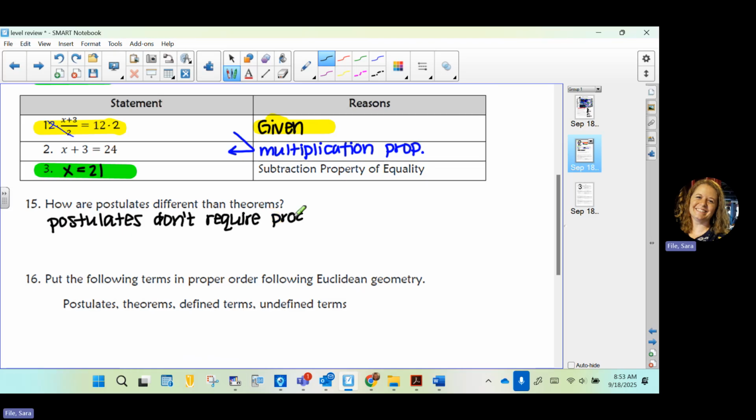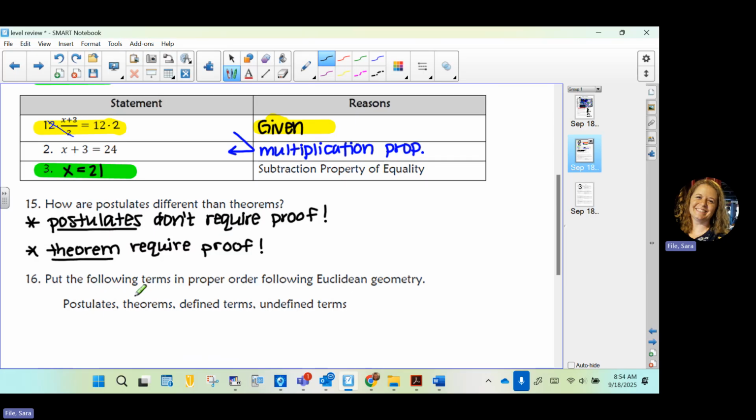Theorems require proof or can be proven, however you want to word that. We've got to know the difference in postulate and theorem.